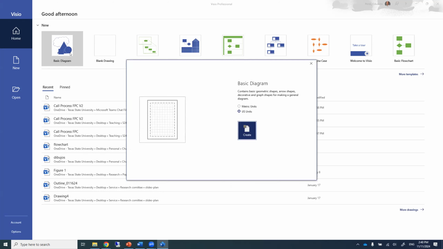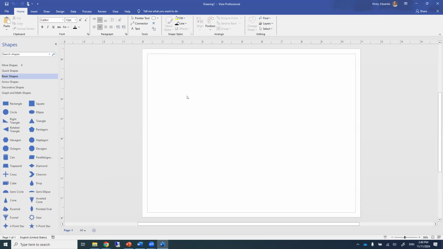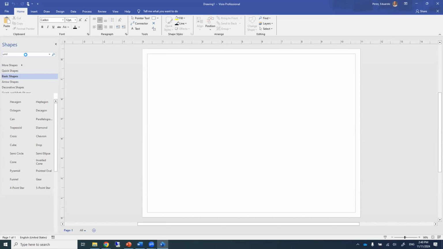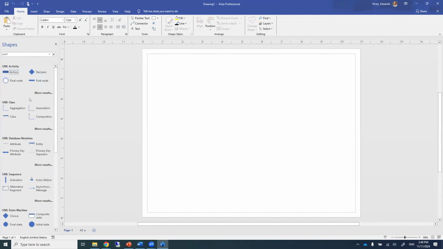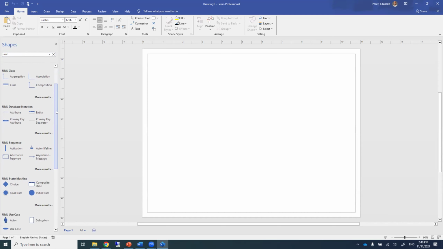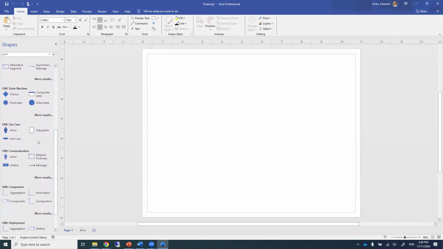You can create a new diagram, and then you can type here UML. So you see on the left side, there's the state machine, the use case.